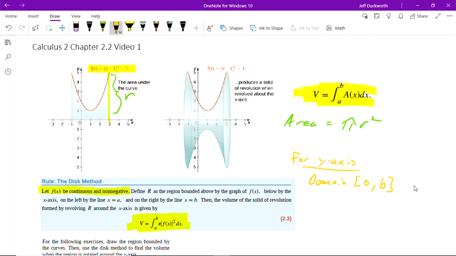So your entire function would have to be to the right of the y-axis, or it could touch the y-axis. And the other thing we would change is we would evaluate the volume as f at b, f at a, and then pi, and then the function with respect to y.